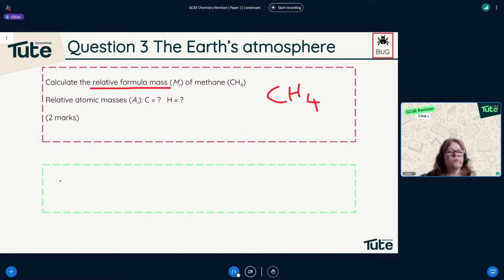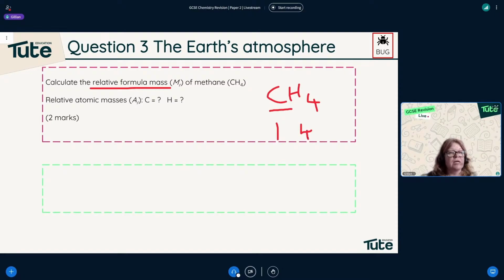So there's 2 things we need to do to calculate the relative formula mass, the MR of any substance. We need to work out how many atoms of each element there are in the chemical formula. So you can see that we've got 1 carbon atom, and we've actually got 4 hydrogen atoms because we've got this little subscript number after hydrogen. So there's 4 hydrogen atoms.